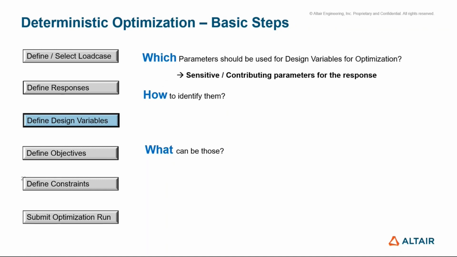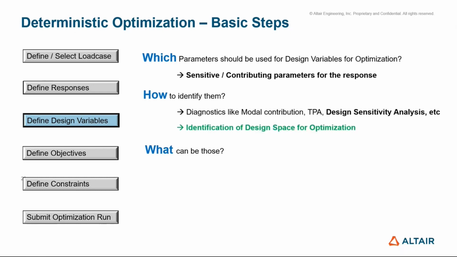You can imagine that if you consider a full vehicle case, you can have thousands of design variables which can be used, but for optimization you need to use only a few ones which are sensitive. And how do we identify them is by doing different diagnostic methods like modal contribution, TPA, DSA. But the most widely used one is doing the design sensitivity analysis. So the important thing is to identify your design space for optimization.